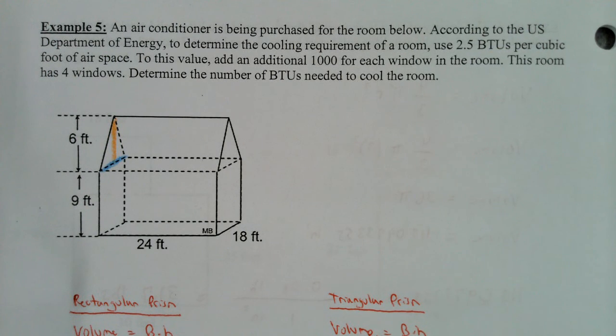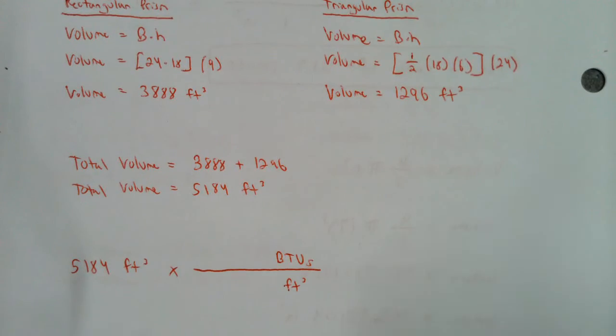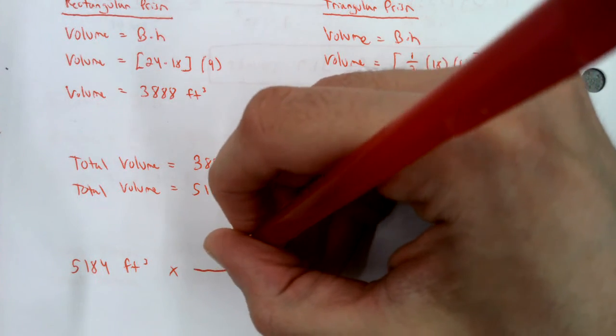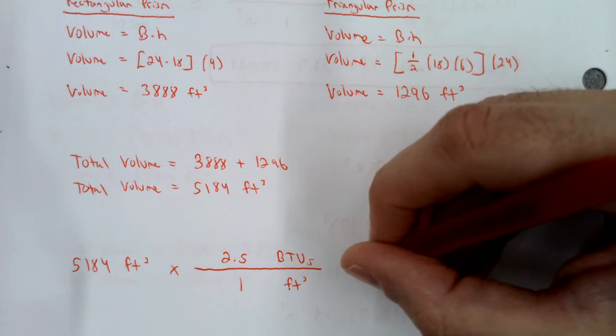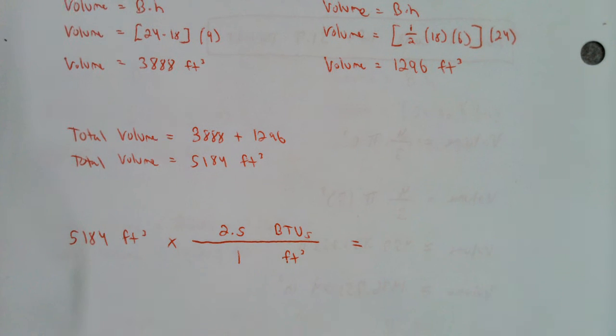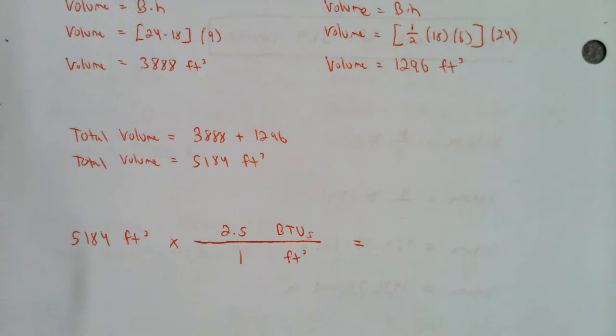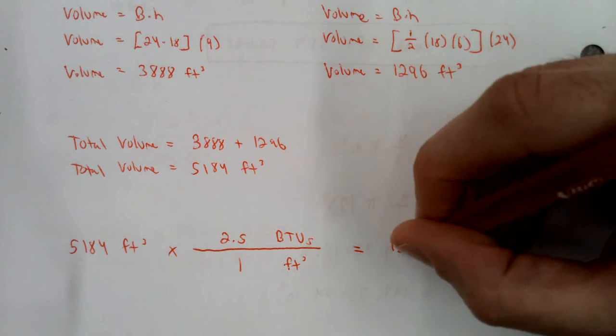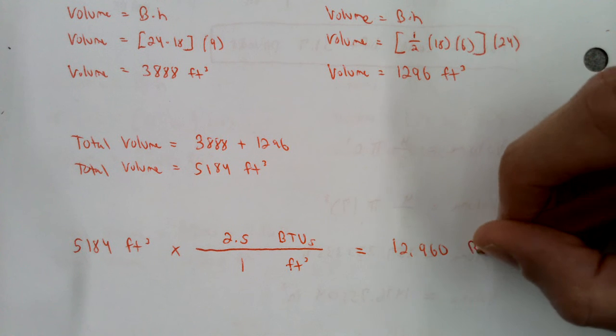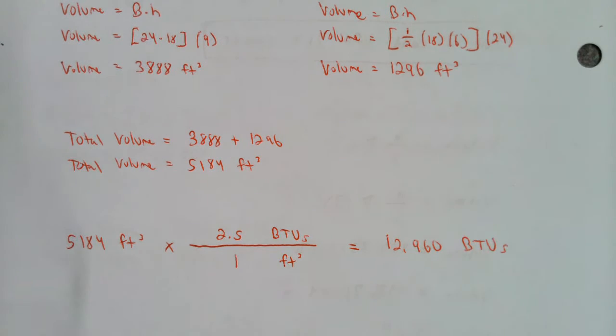So 2.5 BTUs per 1 cubic foot. Like I've been saying, if the number's up top, you're going to multiply. So 5,184 times 2.5 equals 12,960 BTUs.